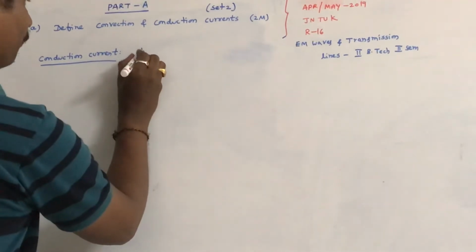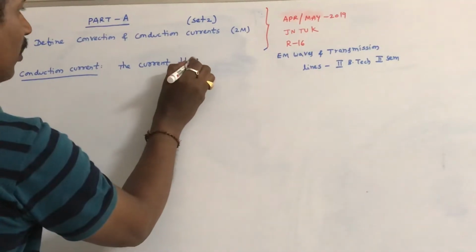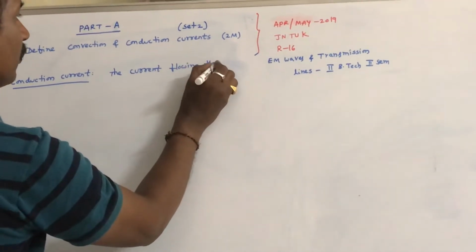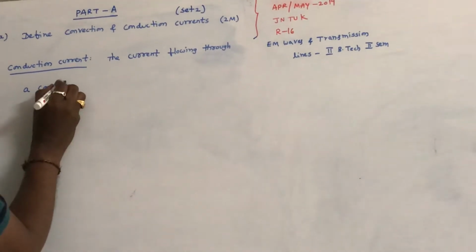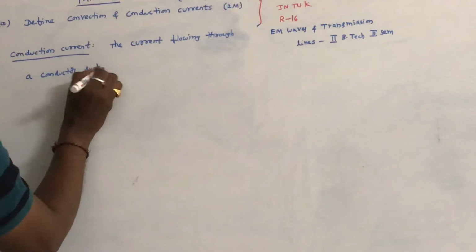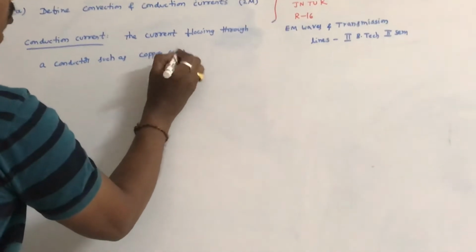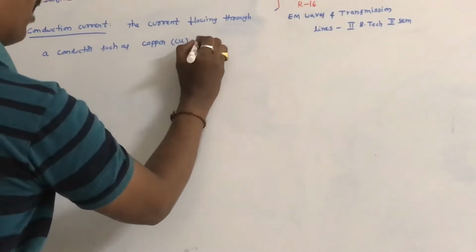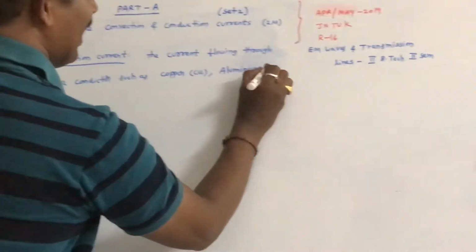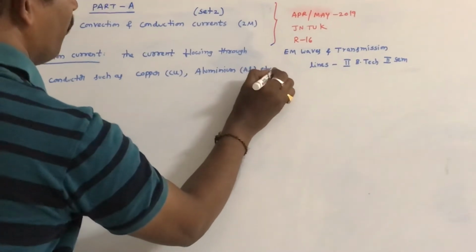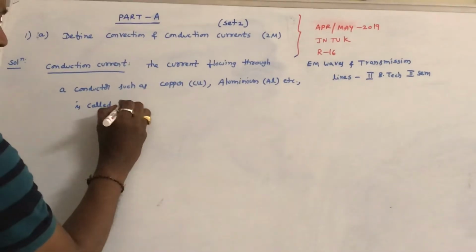The current flowing through a conductor such as copper (Cu) or aluminium (Al), etc. is called conduction current.